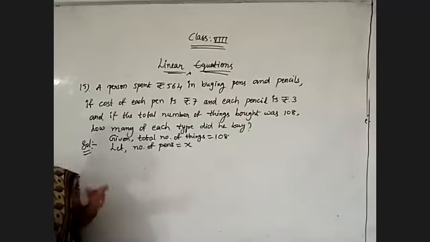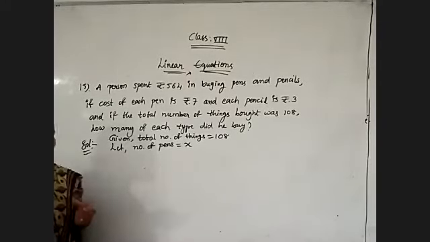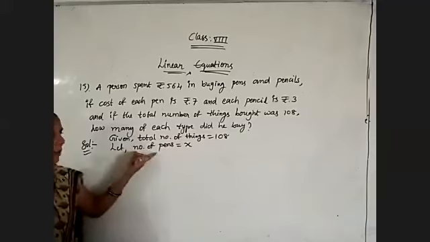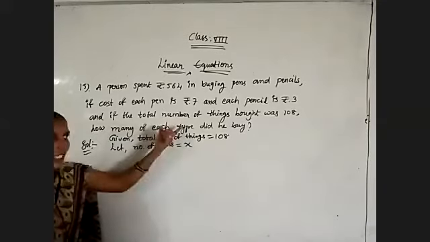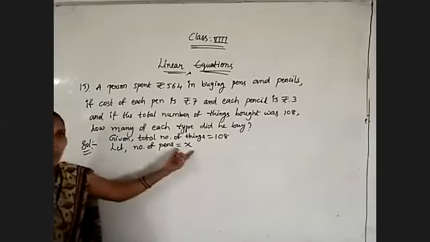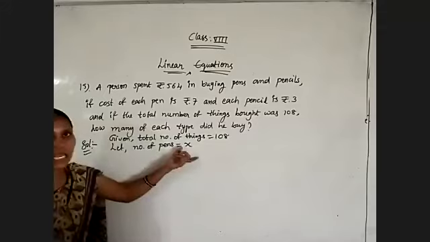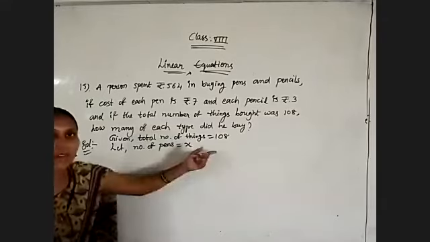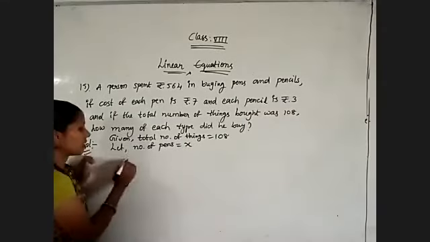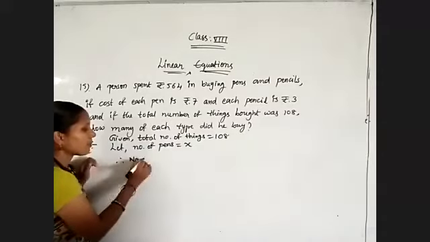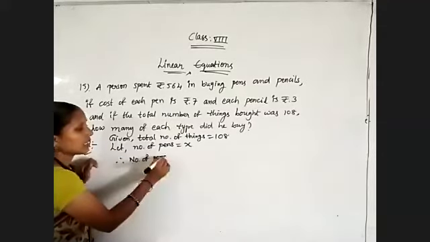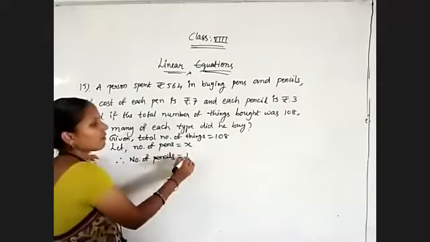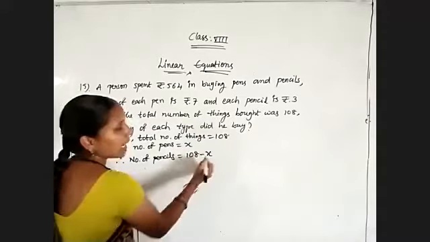That is 100 minus 40, that is nothing but 60. Here also same thing. Number of pens I am taking x because we need to find that one only, so let it be variable. So number of pencils will be 108 minus x.